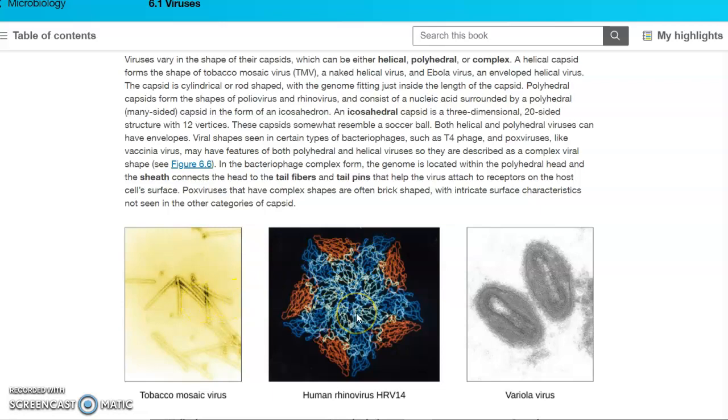Helical and polyhedral viruses can have envelopes or be naked. And then our complex capsids are like the bacteriophages or like pox viruses. They have an appearance that's not helical and not polyhedral.